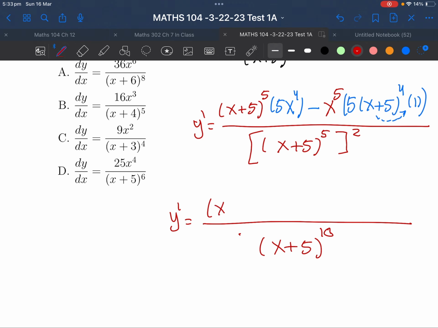And this one will be x plus 5 power 4 if you take common factor, along with the 5 and x power 4. So what is remaining? If we take this one, remaining is just x plus 5.